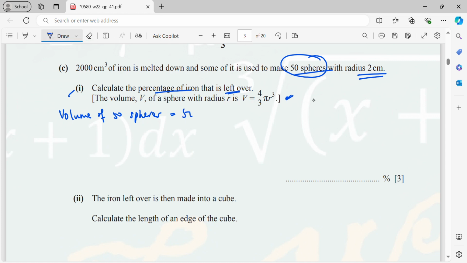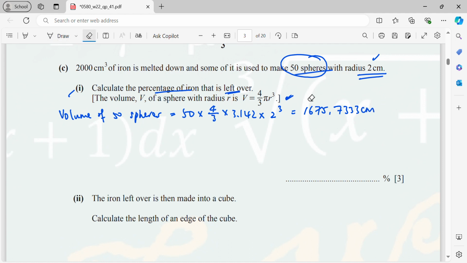Since there are 50, therefore 50 times 4 over 3 times pi, which is 3.142, and the r is 2, so 2 cubed. And this is going to be 1673.7333. I give more decimal places here, centimeter cubed.